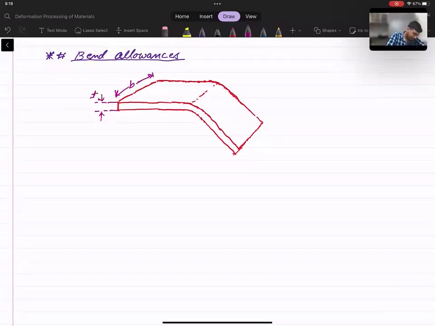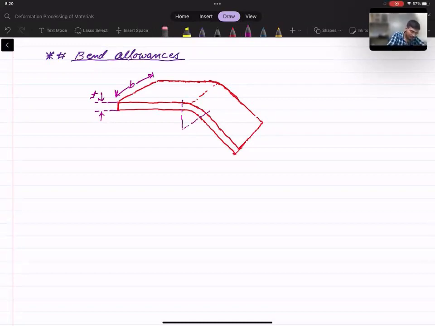Bending starts from here, like this, and it ends somewhere here.